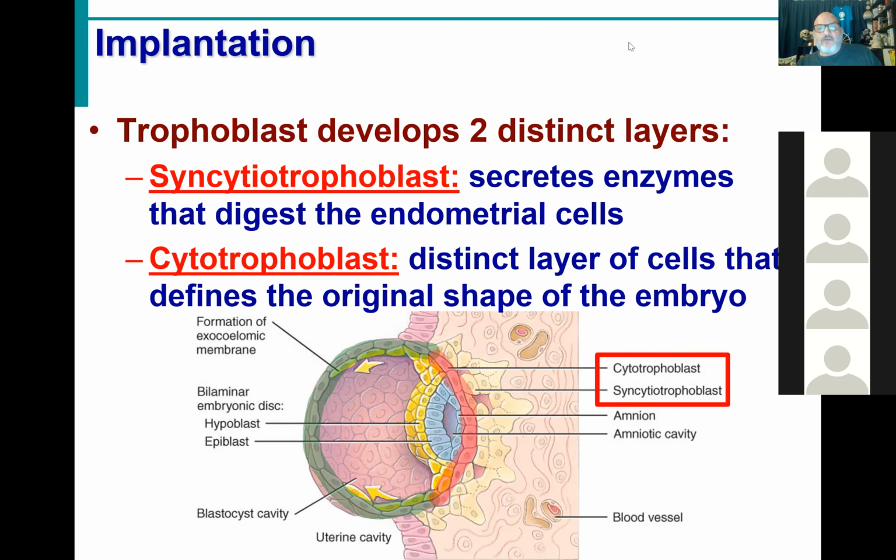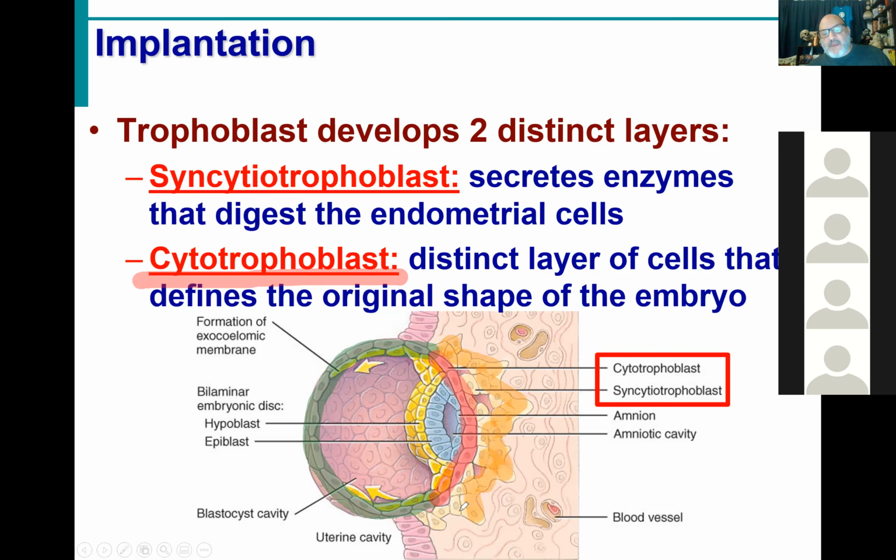So the cytotrophoblast basically helps to maintain the original shape and structure of our blastocyst. However, the more interesting portion of this, and even though it's yellow, I'll use orange to emphasize it, portions of the trophoblast expand out.